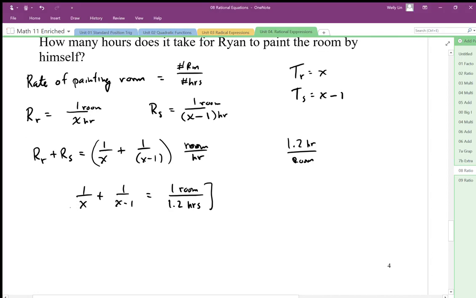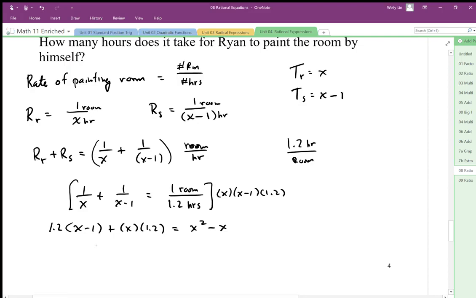I'm going to multiply through by x times x minus 1. So I end up with x minus 1 plus x equals, well, I should multiply by 1.2 as well. So I'm going to end up with 1.2 here, 1.2 here, and that's going to end up with x squared minus x.